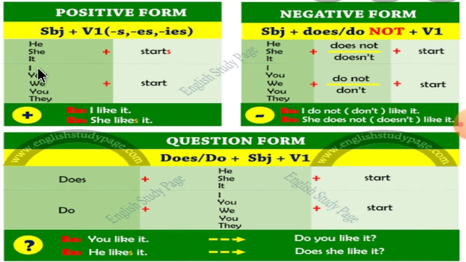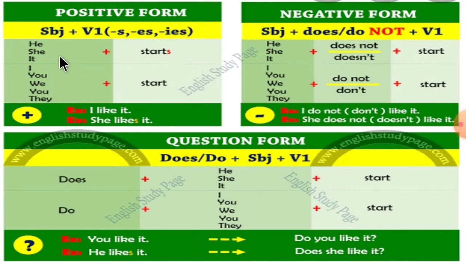Then I, you, we, you, they start. So my dear students, did you observe that here I have not added s in the verb? Why?